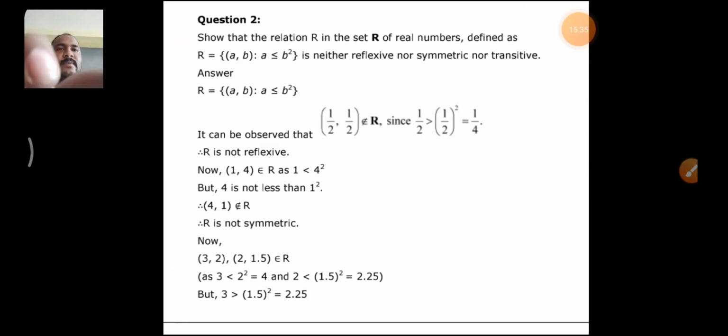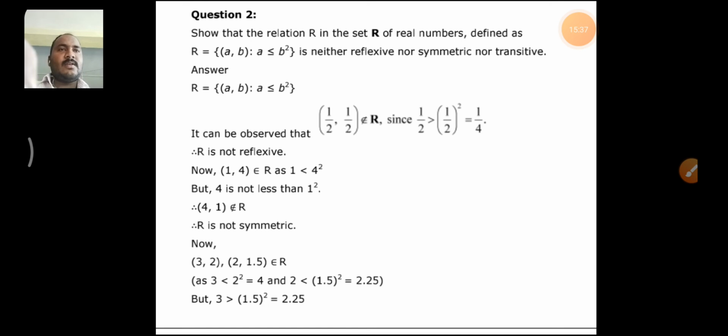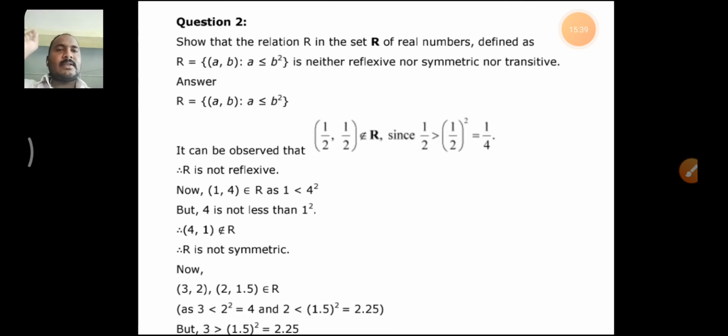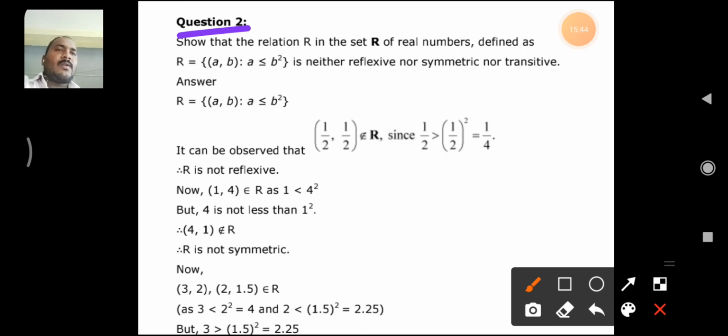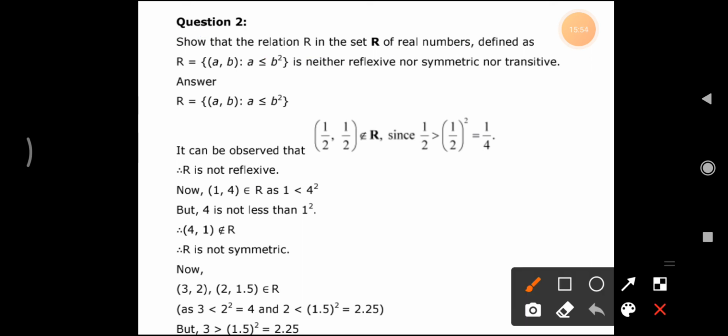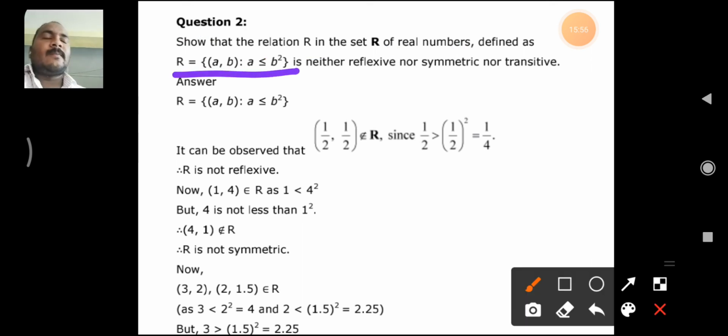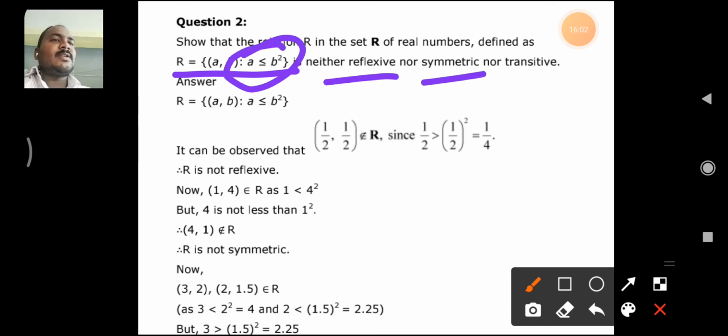Here, example number 2. Next we consider the next example. Question number 2: show that the relation R in the set R of real numbers, defined as R equal to the set of ordered pairs (a, b) such that a is less than or equal to b square, is neither reflexive nor symmetric nor transitive.